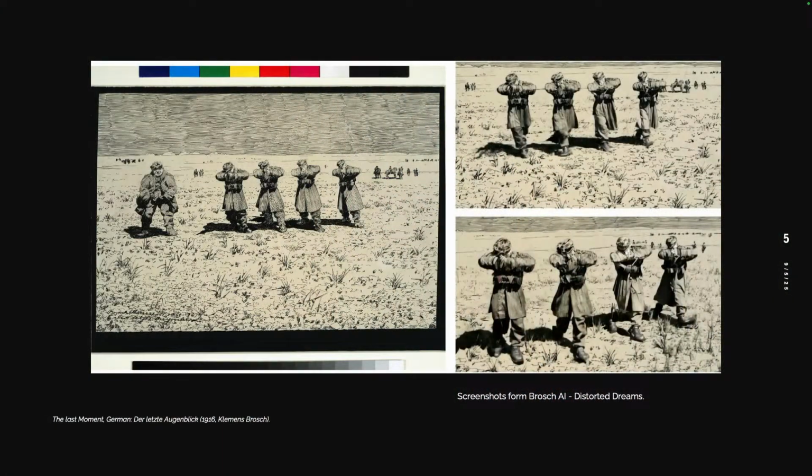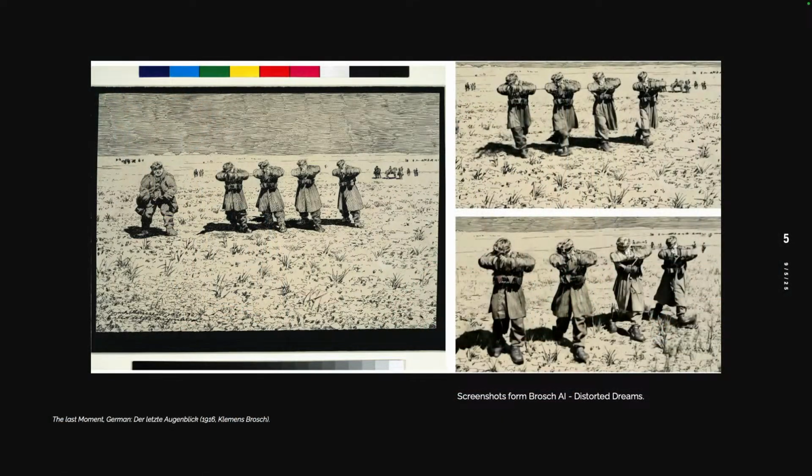The results, of course, were not always perfect, especially when it came to animating figures, humans, or animals. The AI often struggled. For example, in the last moment, the AI animation gave the scene depth and movement, but also came with glitches. The shoes and limbs got a bit warped.